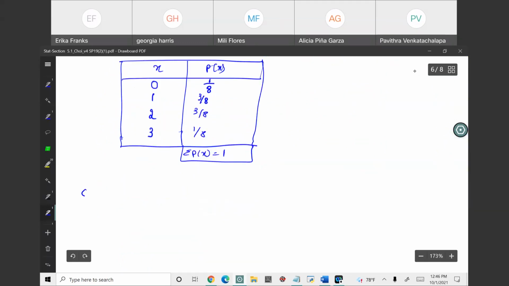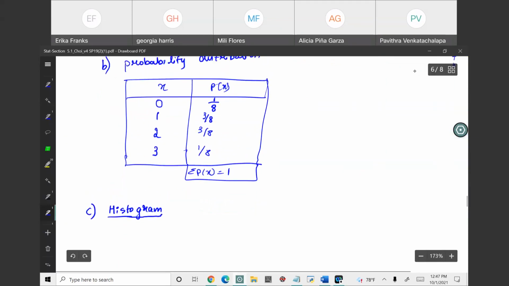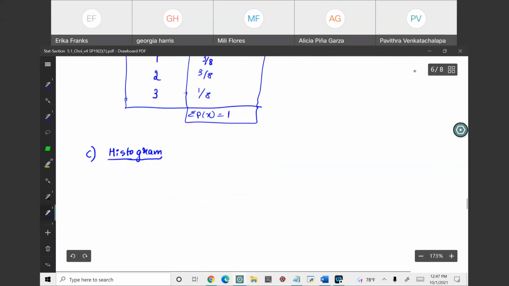Now, answer C: construct the histogram. The problem here is that you do not have a class interval, rather you have just the actual values. So how do you construct the histogram? Let me write the x and y axis here.